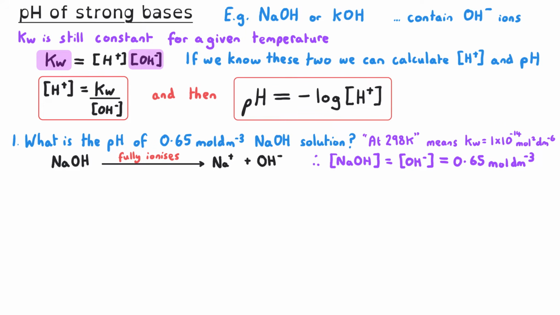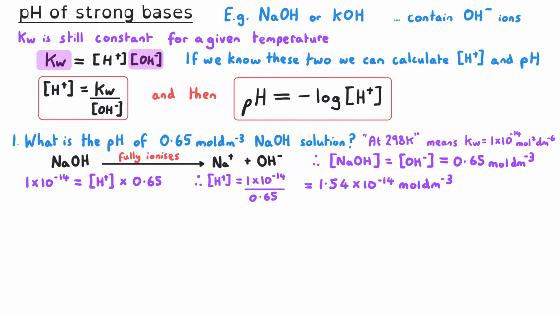And so 1 times 10 to the minus 14 is equal to H plus multiplied by 0.65. That means the hydrogen ion concentration is 1 times 10 to the minus 14 divided by 0.65, which gives us a value of 1.5 times 10 to the minus 14. Then when we negative log this hydrogen ion concentration, we get 13.81 as our pH.